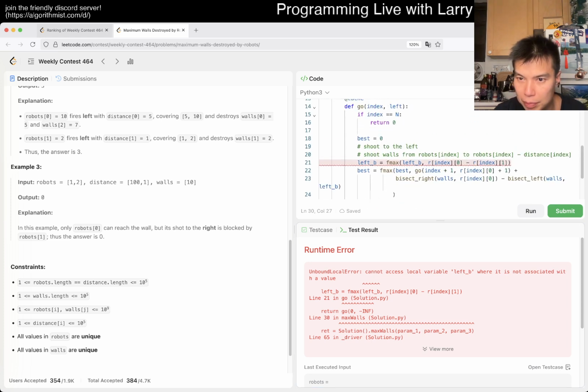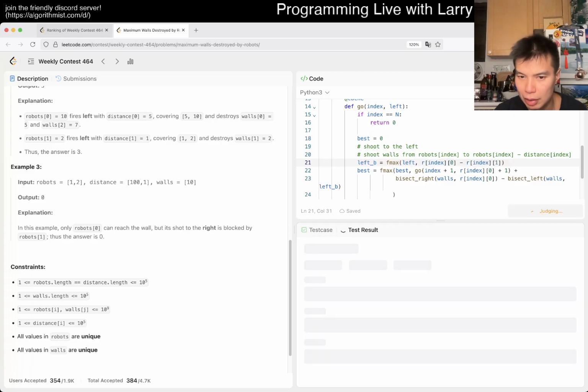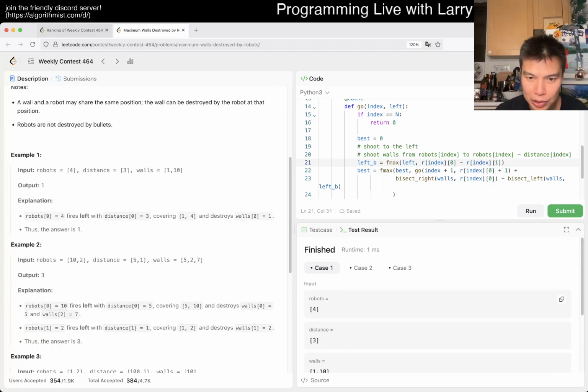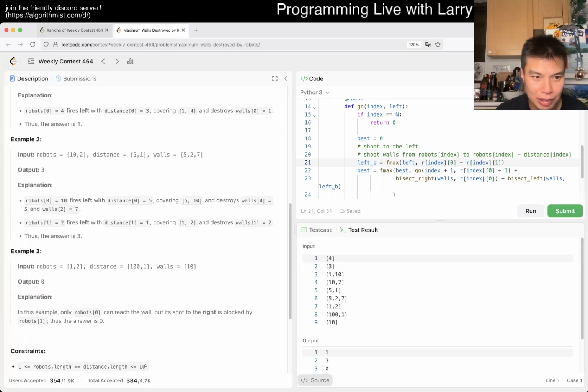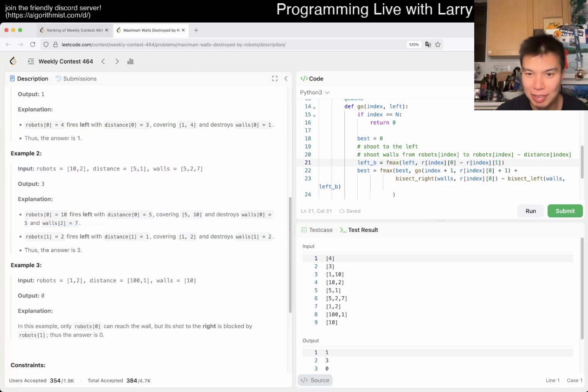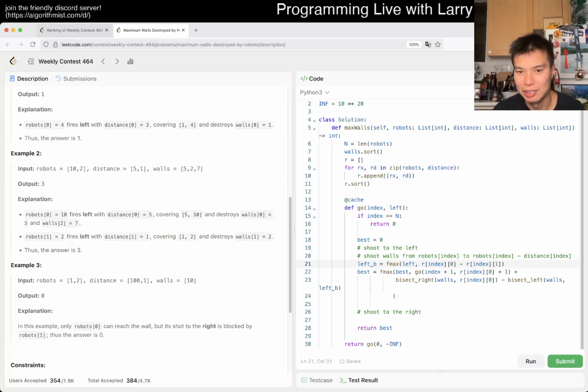Can I access left B? Oh, yeah, of course. Okay, there you go. We only shoot left. What does that look like? 1, 3, and 0. Somehow all the inputs are only shooting left. Thanks, Leetcode. You are useless.